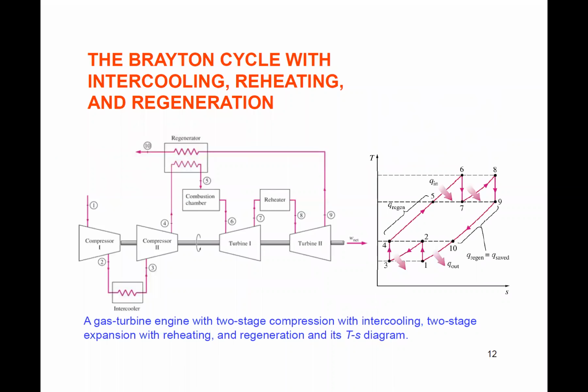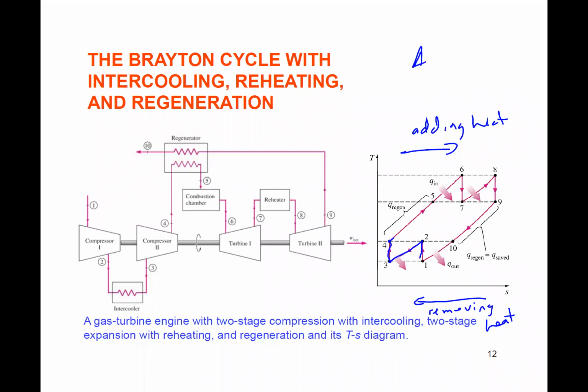So here's where it gets a little crazy. We have intercooling, reheating, regenerating, and you just got to walk through each component, right? Isentropic compression, intercool, compression, right? Left to right, you're adding heat. On your TS diagram, right to left, you're removing heat, which removes entropy.